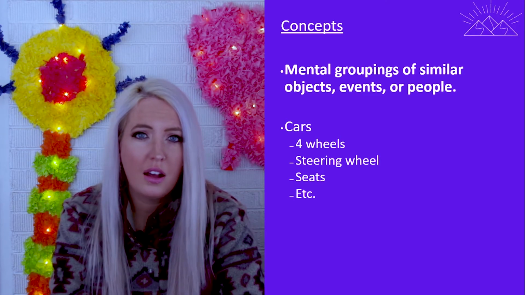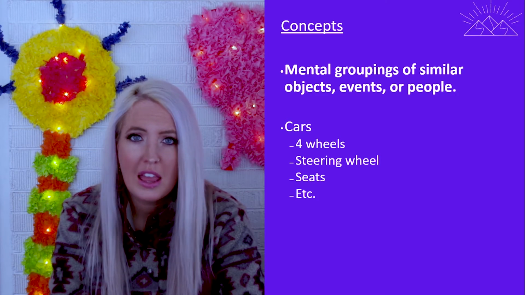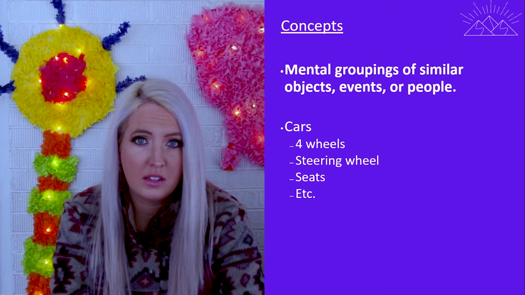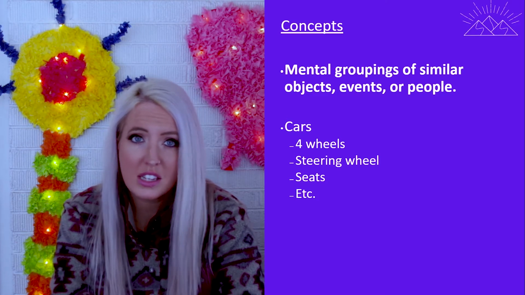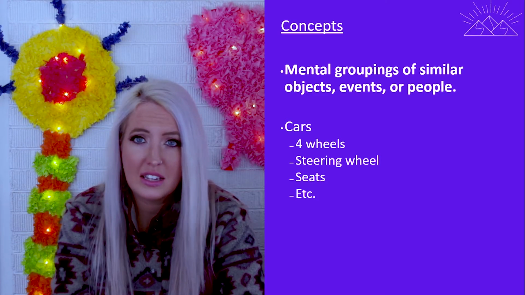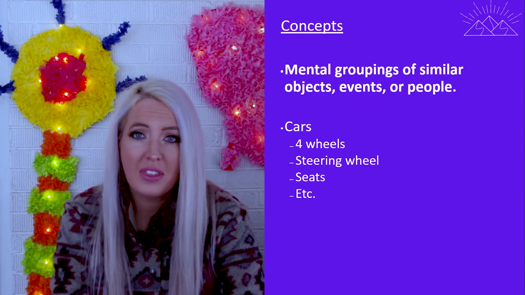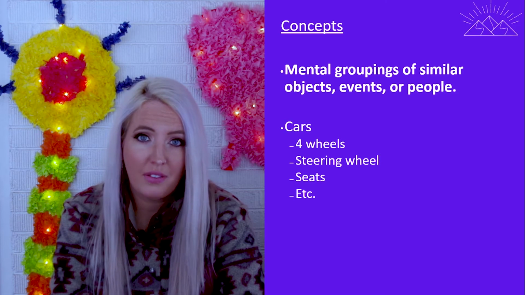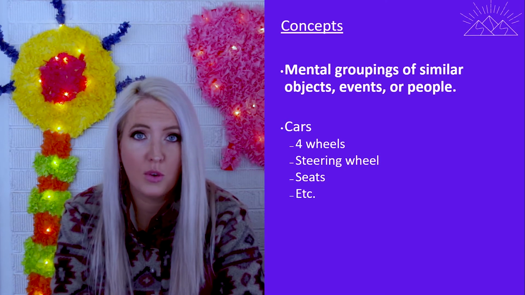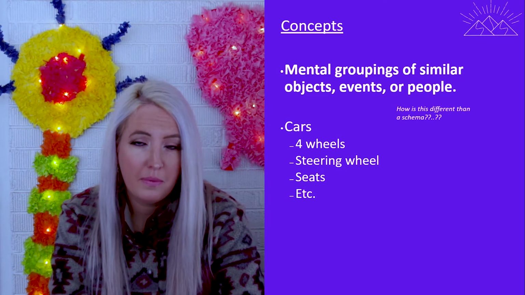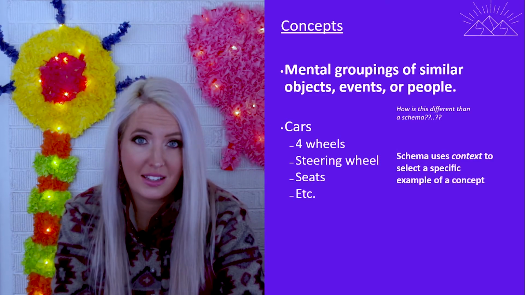So if you were to think of a car, for example, you'd be able to recognize or identify a car based on its common components, that it has 4 wheels and a steering wheel, it has seats, and so on. Obviously, different cars are going to look different, but the idea of a car we can identify because we have a concept for what it is. Now, this is different than a schema because a schema uses context.